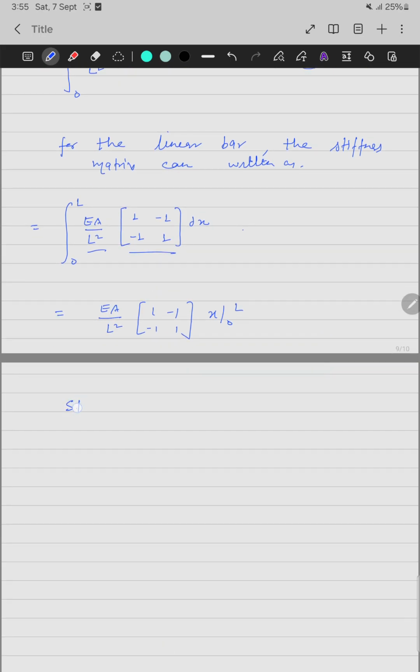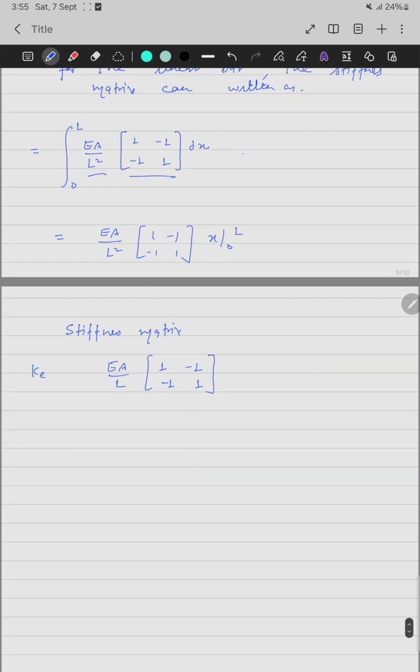So the stiffness matrix, we'll get as EA by L, 1 minus 1 minus 1 1. Okay, so this is our local stiffness matrix for the linear bar element. Now linear bar element means we are considering our shape functions as linear.